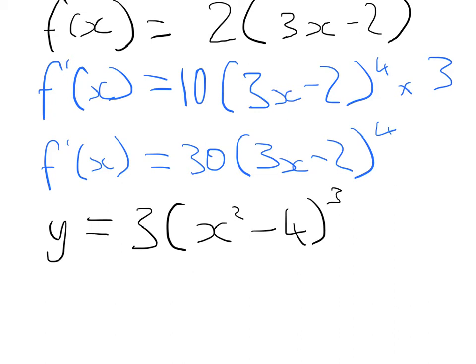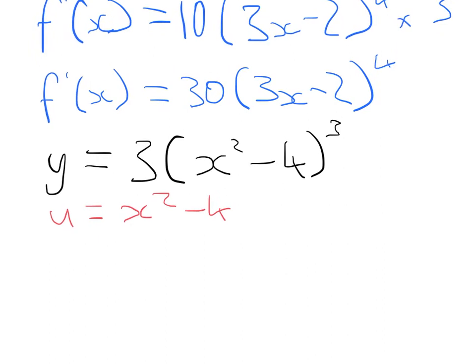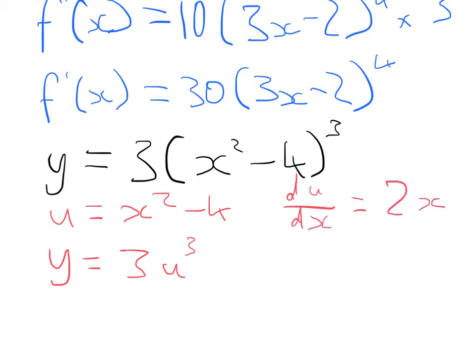We can say u equals x squared minus 4 and y equals 3u cubed. Right. So what we can then find is du over dx, and that equals 2x. dy over du equals 9u squared.